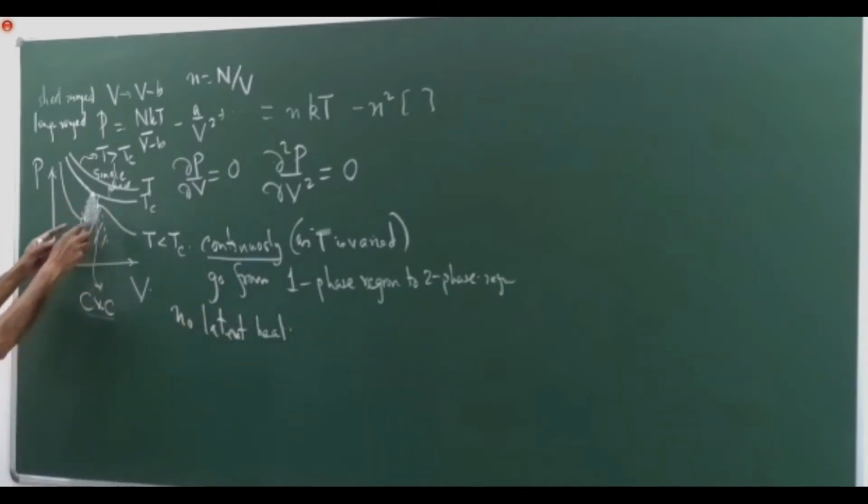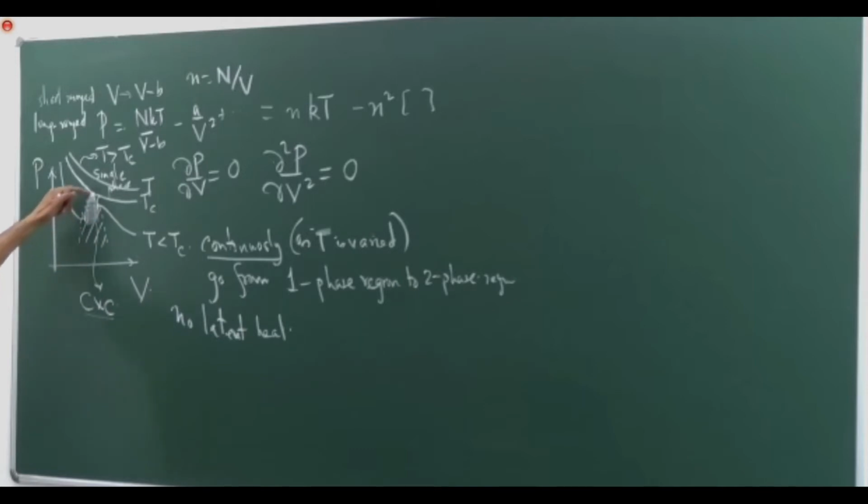It is down here, when you want to go from the gas phase to the liquid phase, that there would be the question of supplying or giving out the latent heat. But right here, the transition takes place continuously, unlike the first order transition that you go through over here from the gas phase to the liquid phase.